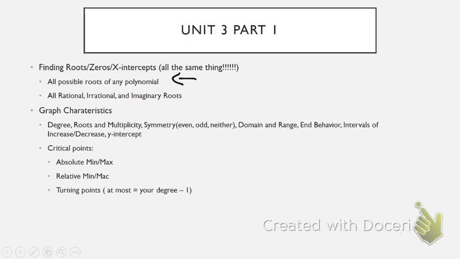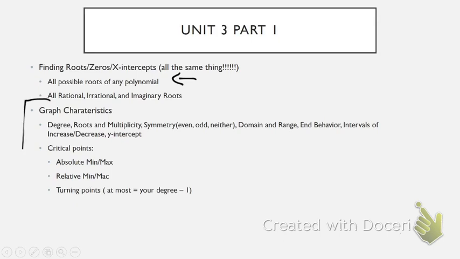After this, you're going to have different types of roots. You're going to have rational, irrational, and imaginary roots, all right? So you've got to figure out which one is which. You got to make sure you have the i. You got to make sure you're simplifying the radical. All of the things we've learned, full circle, okay?